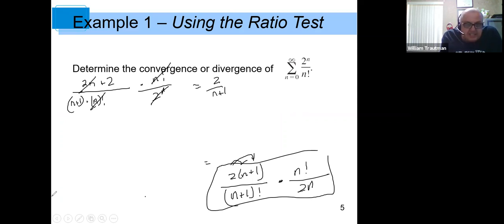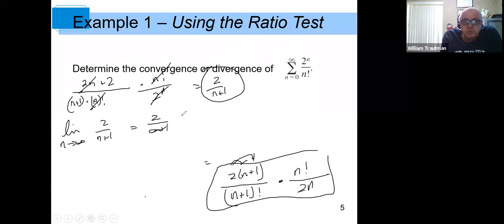So if I take the limit as n approaches infinity of 2 over n plus 1, I end up with 2 over infinity plus 1, which is 0. So this ratio equals 0.